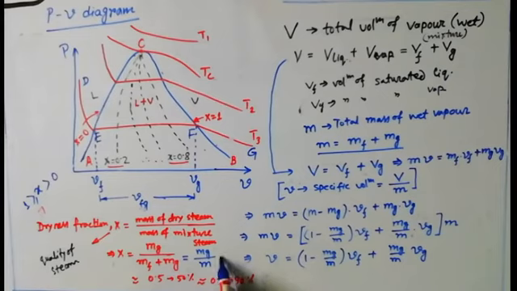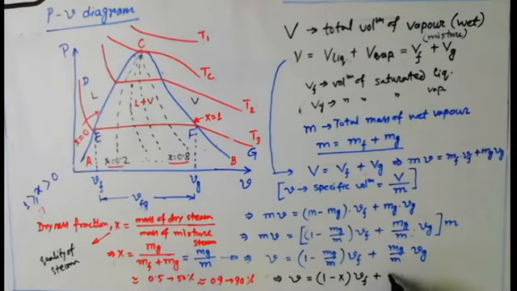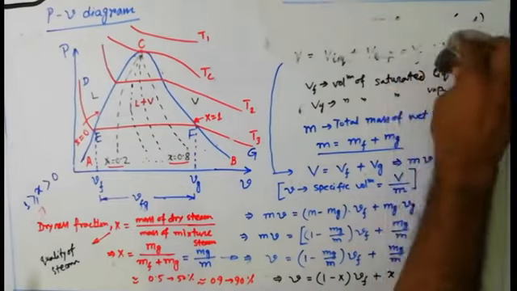So now that expression is going to feed over here. Finally from here I can get the specific volume as (1 minus x) Vf plus x into Vg, that expression we are getting.